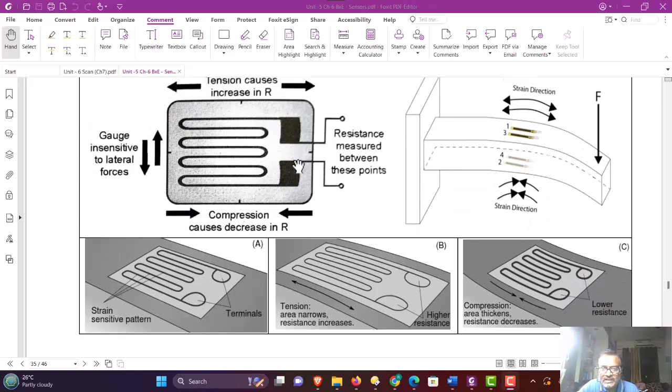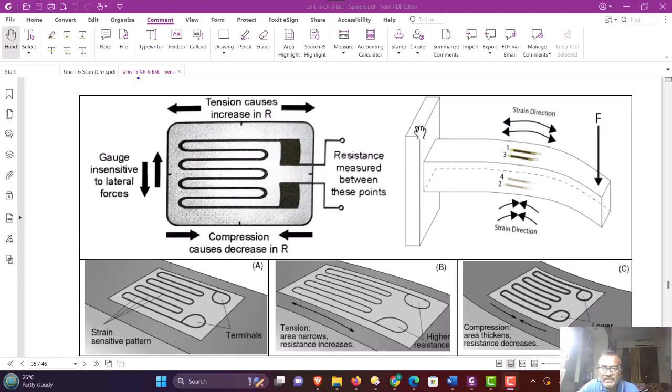This is shown here, how this strain gauge is mounted. See, it consists of a rigid support and there is a mechanical beam-like structure, and the strain gauges are mounted on the surface of this beam. Say 1 and 3, and 2 and 4. There are 4 strain gauges mounted. You can have a single strain gauge, or 2 strain gauges, or you can have 4 strain gauges. So whenever force is applied to this cantilever beam, which is flexible enough, due to this pressure there is a stress developed in these strain gauges.